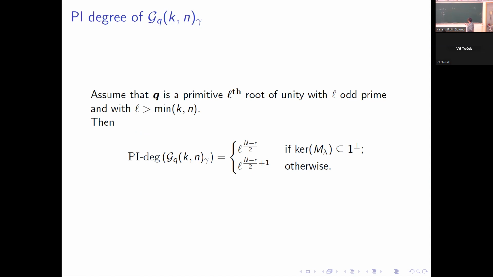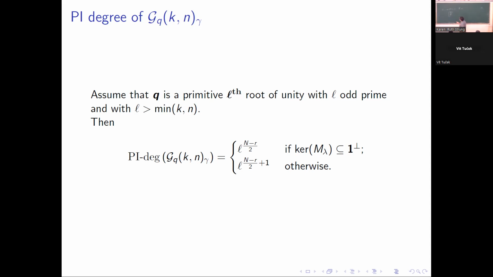And there are cases where this happens, there are cases where it doesn't happen. What we don't know is whether we can decide just by looking at lambda whether this condition is satisfied or not. In the case where lambda is a rectangle, then we have an explicit condition for this to happen, but it's not known in general.